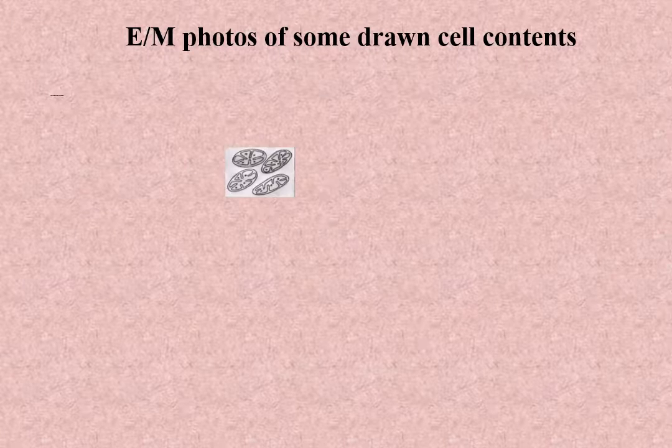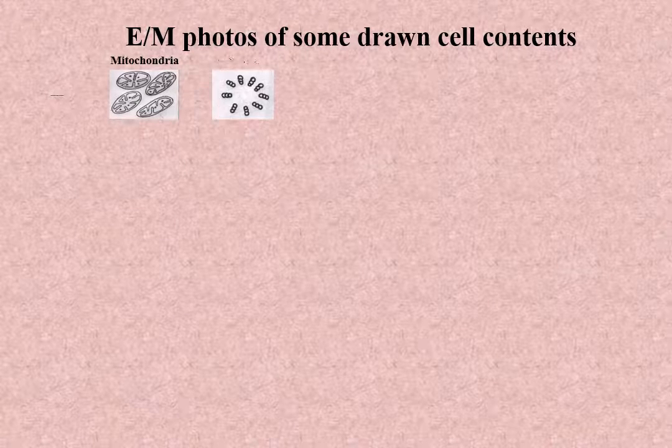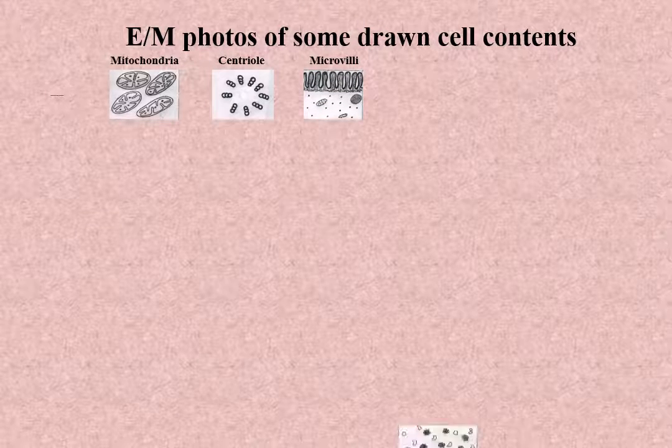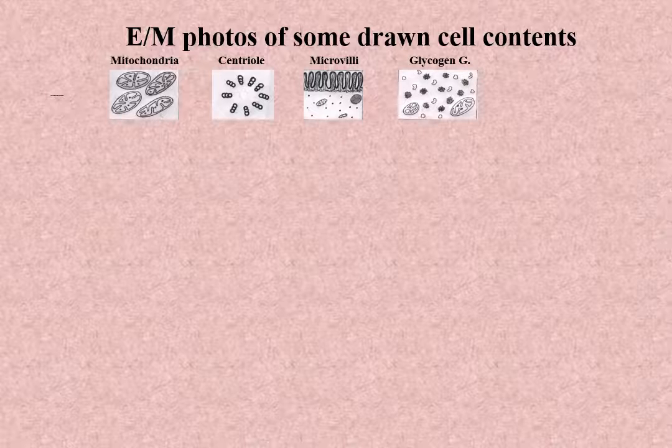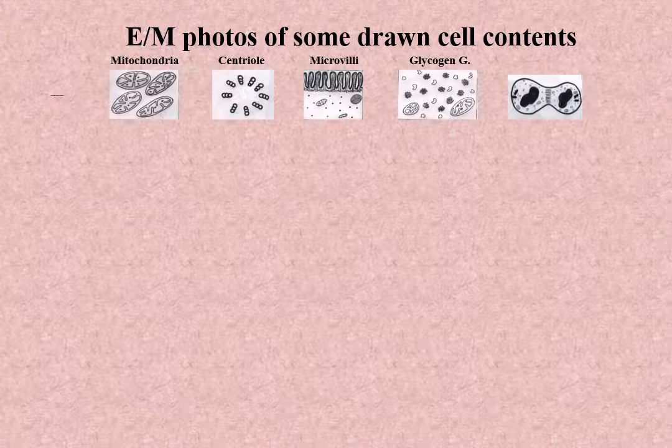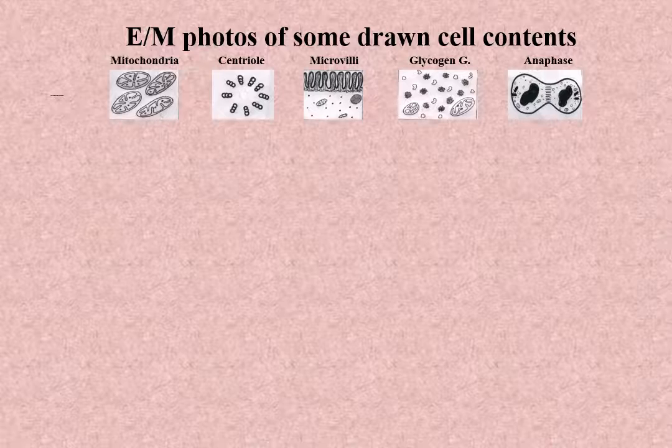Electron micrograph photos of some cell contents, organelles, membranous, non-membranous, specializations of the cell surface, inclusions, and some stages of mitotic cell division are drawn.